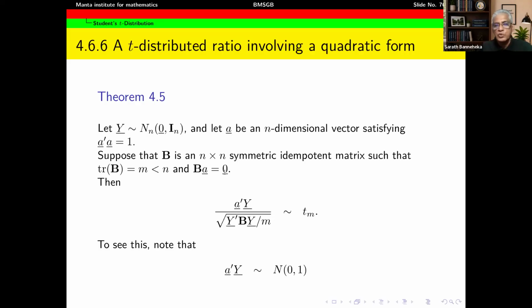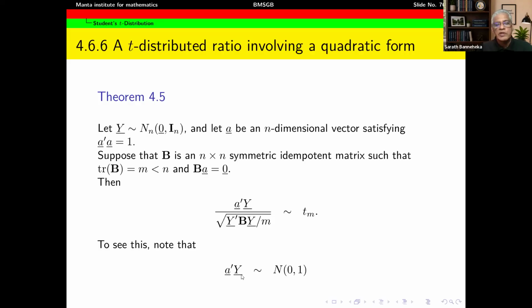We have shown this result when we were talking about the multivariate normal distribution. When B times A equals 0, these two quantities are independent and therefore this should have a t distribution. So this is the explanation for that.